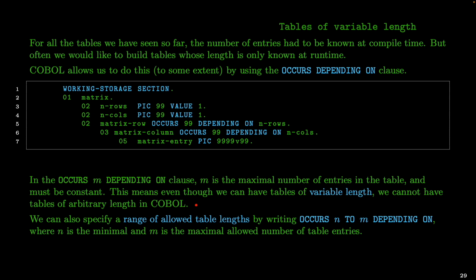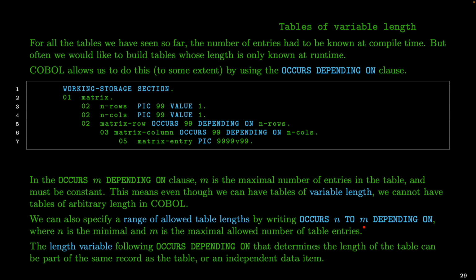We can also specify a range of allowed table lengths, so we don't just give the maximal table size, but also the minimal one. To do that, we write occurs n to m depending on, and n, the first number, is the minimal number of entries, and m is the maximum number of entries.